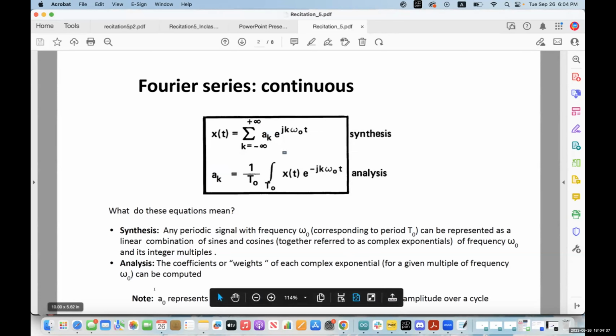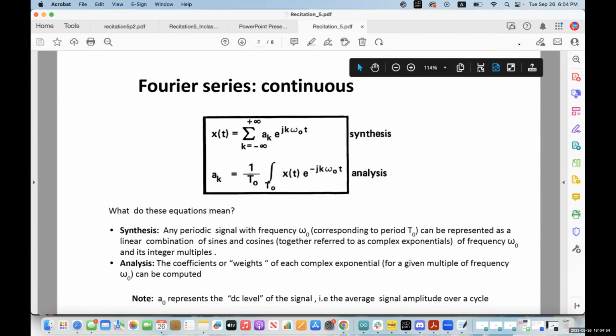I also want to mark that a_0 represents the weight or DC level of the signal, for example, the average signal amplitude over a cycle. Okay, so let's begin with our first problem today.